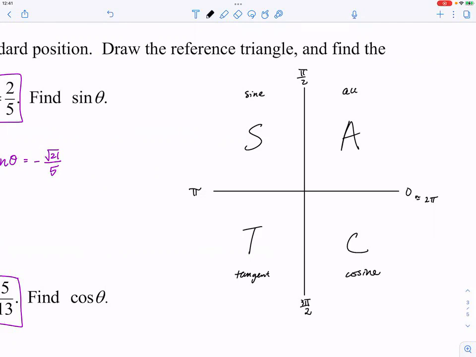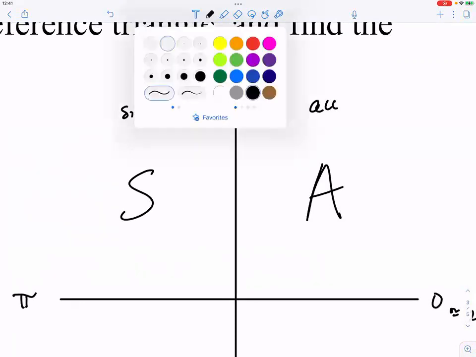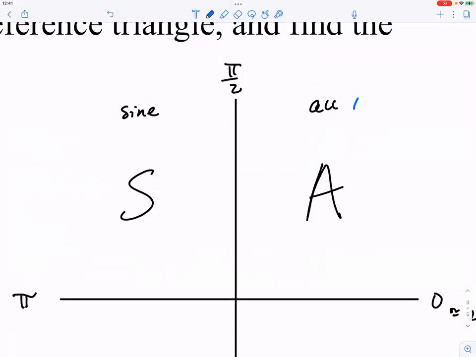Meaning that if the angle falls into these particular quadrants, then these functions would be positive. So for quadrant 1, all trig functions are positive.